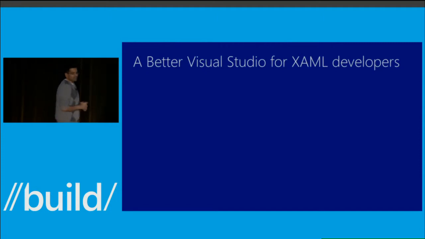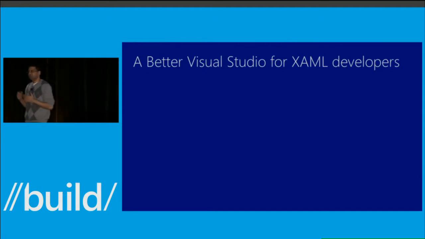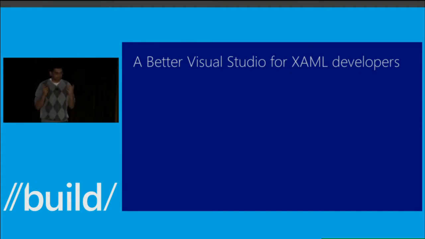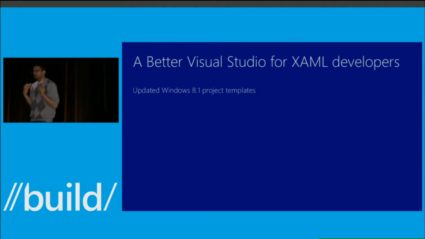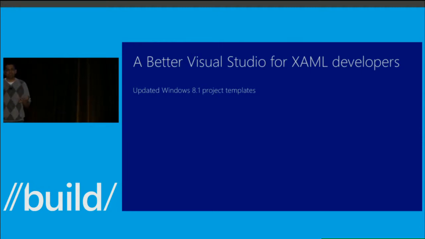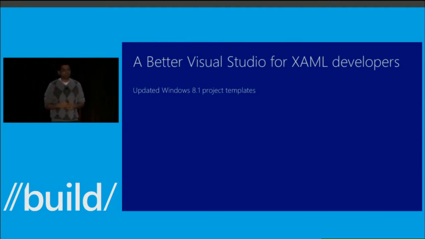In Visual Studio 2013, we have a ton of features for making life really good for you XAML developers. From the keynote this morning, you heard a lot of things about how Windows is making user experience changes to how things like the windowing model work. Tim also talked about how the platform has been enhanced to add a number of new styles and scenarios.